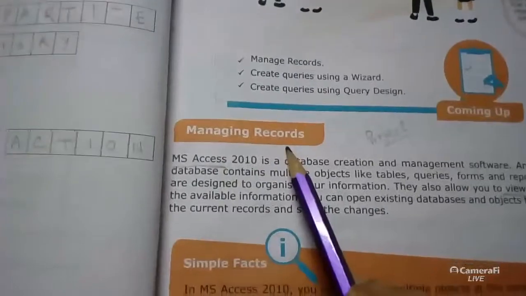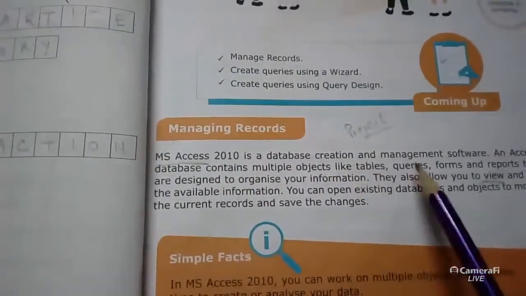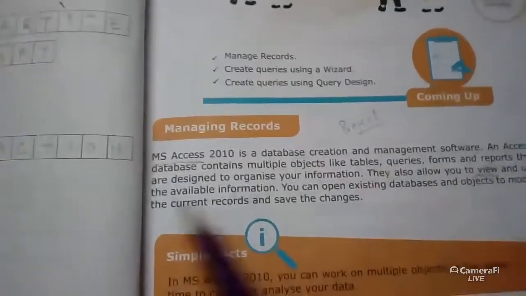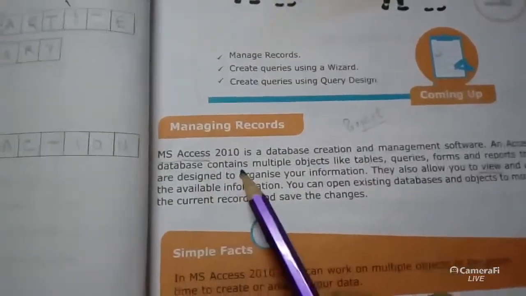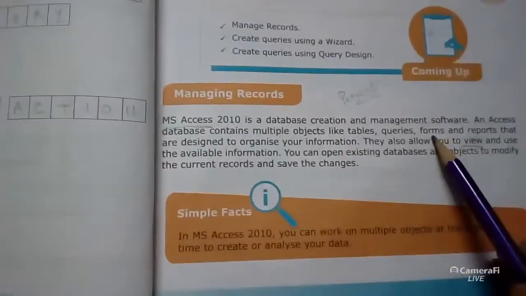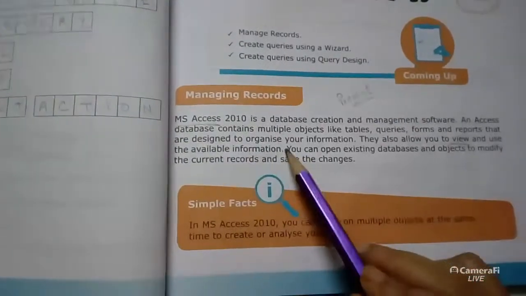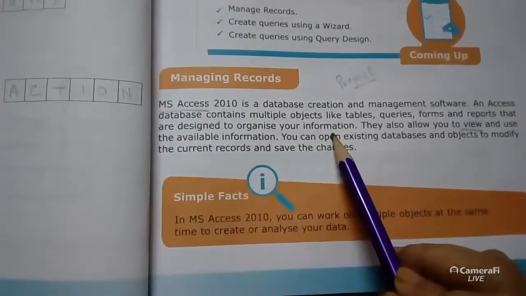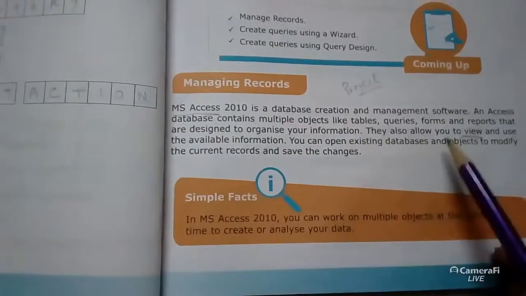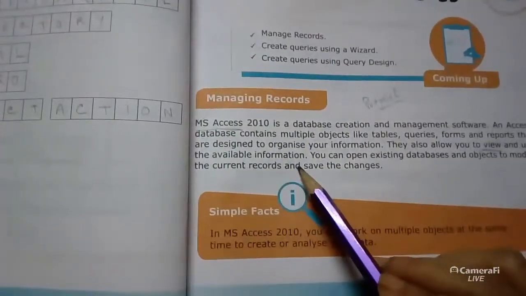That is managing records. MS Access 2010 is a database creation and management software. An Access database contains multiple objects like tables, queries, forms and reports that are designed to organize your information. They also allow you to view and use the available information.